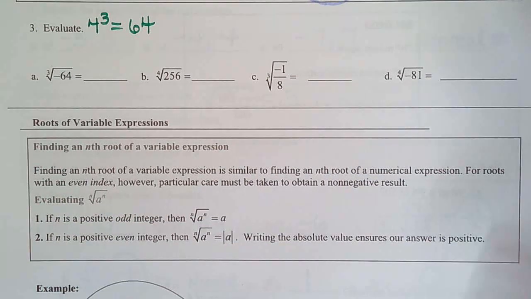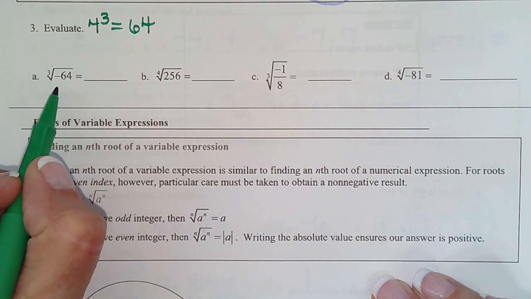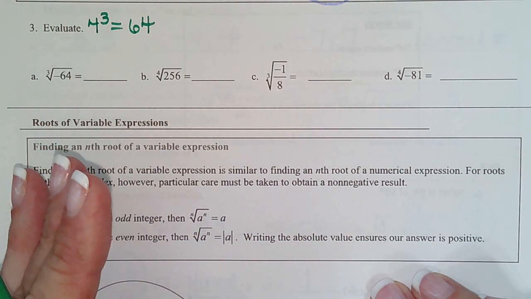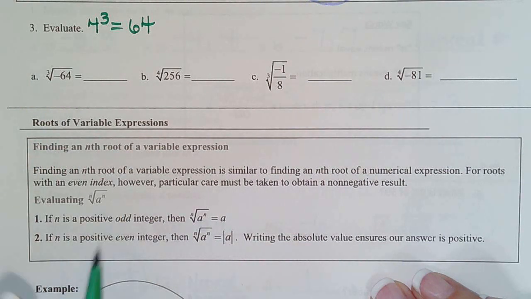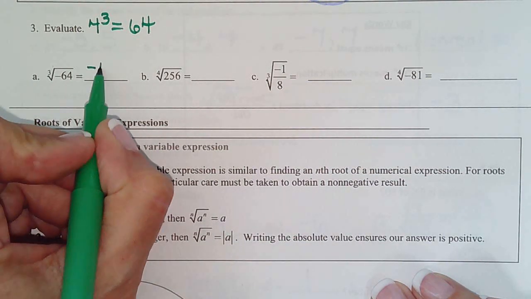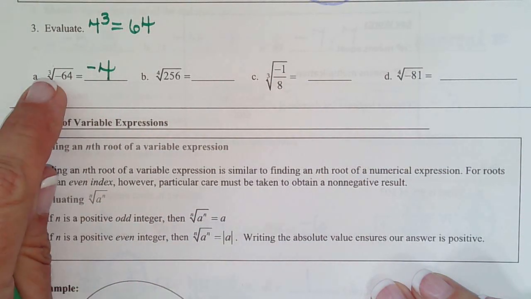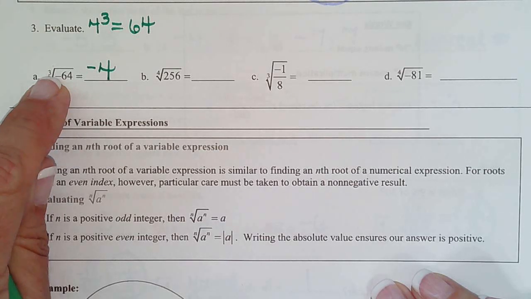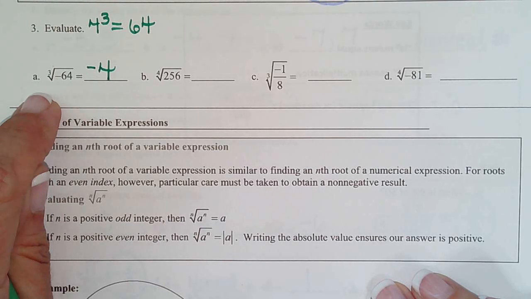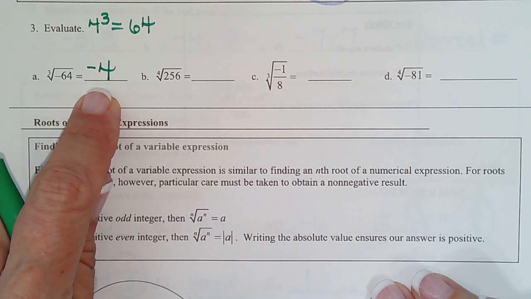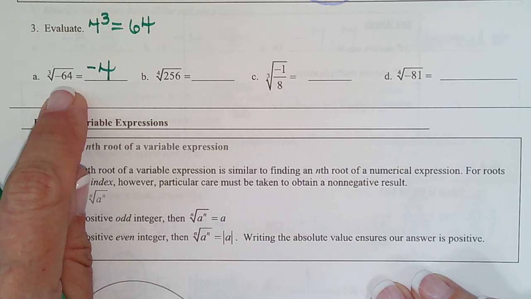So with that knowledge, the cube root of negative 64, that means what number times itself 3 times will give me negative 64, and that one would be negative 4. Remember, it's okay to have a negative number under an odd index because negative 4 times negative 4 times negative 4 is negative 64.